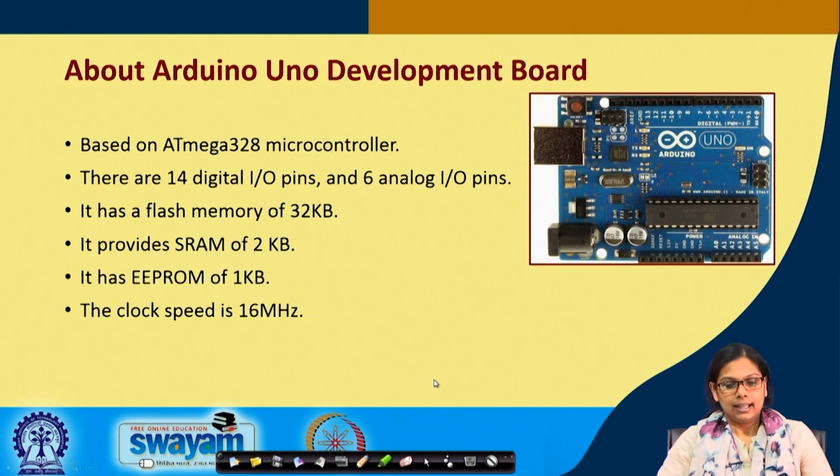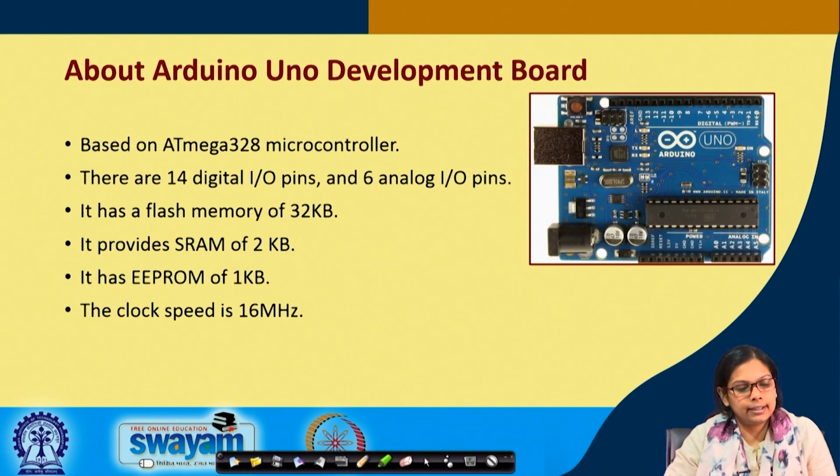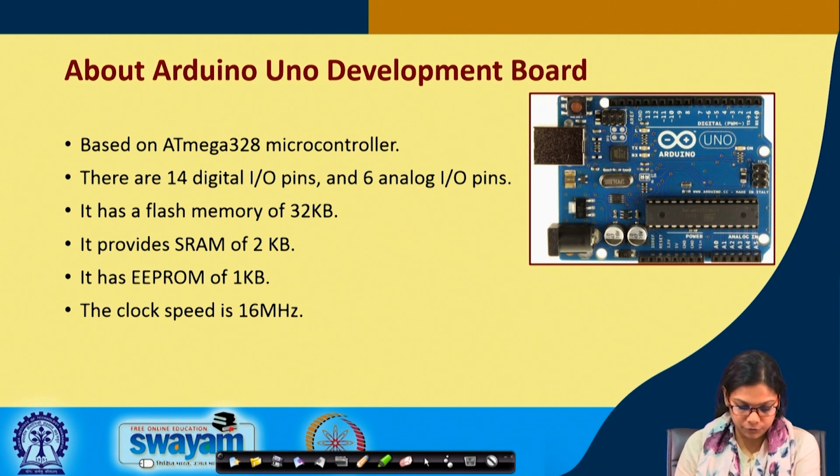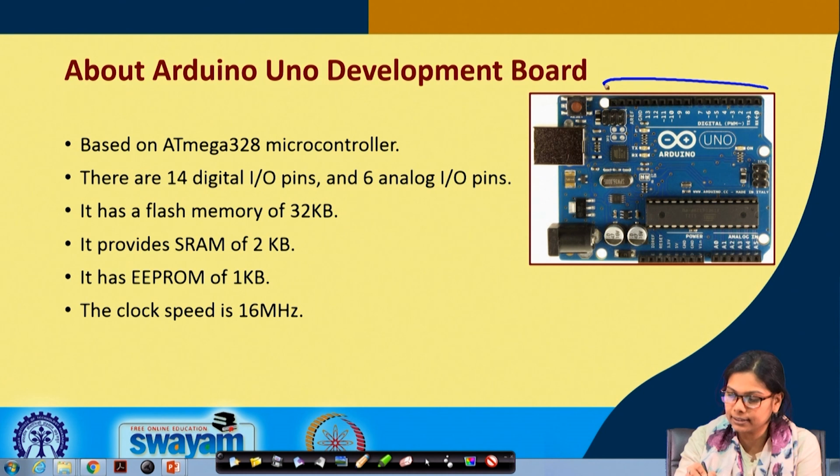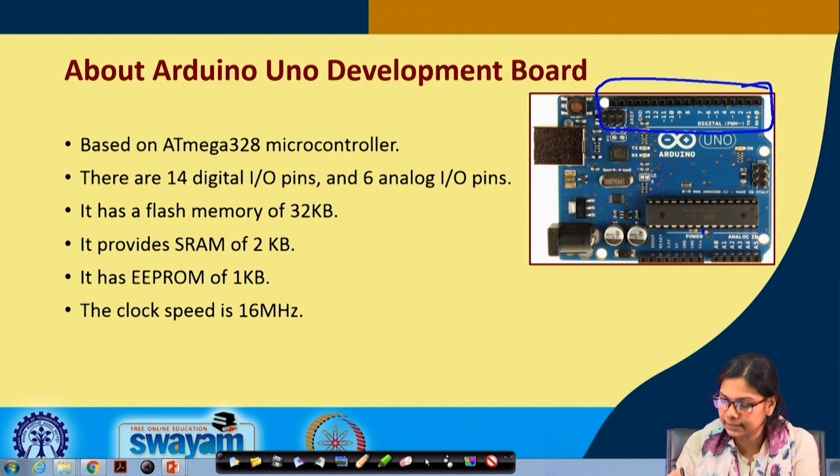Okay, let us now move on, and I will be discussing this Arduino Uno development board. So this is the Arduino Uno development board. You can see these are the digital and PWM ports. This is the analog ports. This is for the power. This is the microcontroller chip that is there.